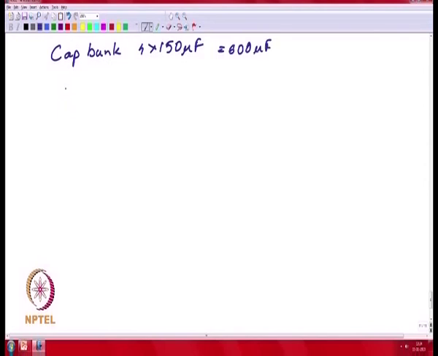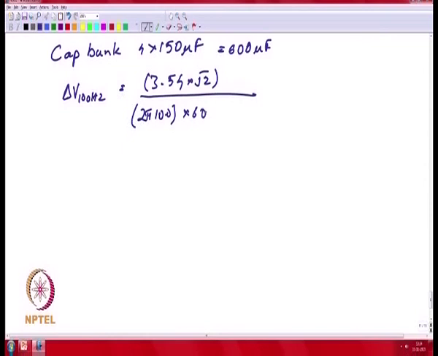So your 100 hertz ripple is about 13.3 volts, and then you could look at what is the ripple at 20 kilohertz.